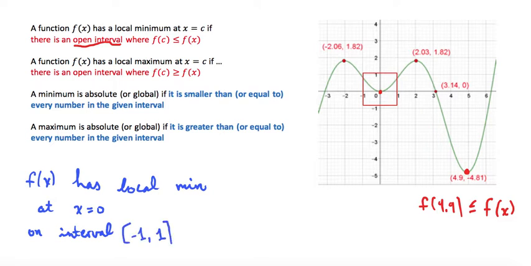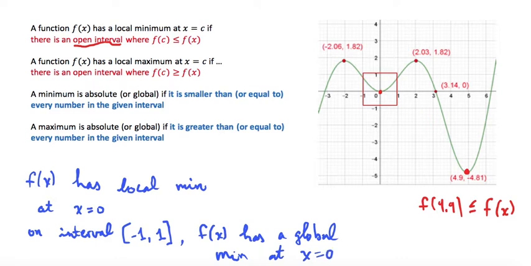So if I talk about just that interval from -1 to +1, f of x has a global minimum at x equals 0. So if I look at just this region only, then this point right here is the absolute smallest that I can get.